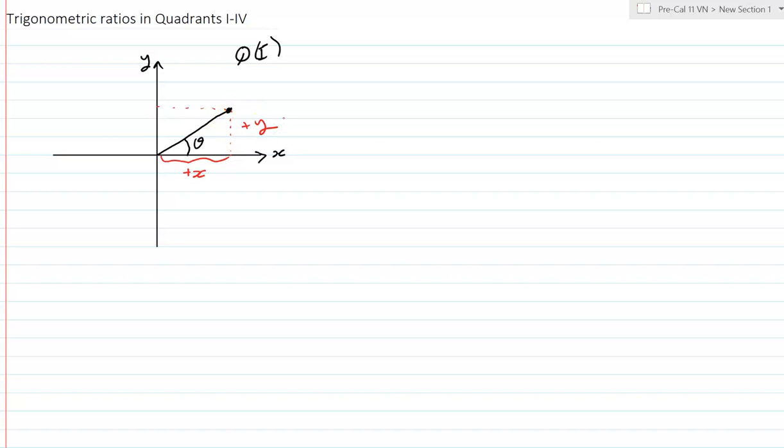So it turns out that every single ratio in here, sine, cosine ratio, and tangent ratio, they're all positive. And by the way, let's call the hypotenuse r, or the radius of the circle, and we can go ahead and write all the ratios, and they're all positive values. Okay, that's simple as that.